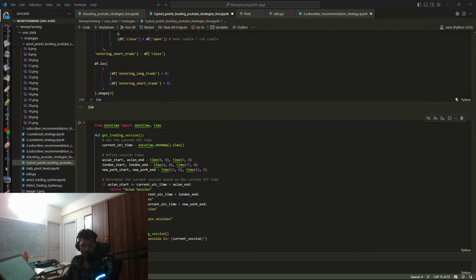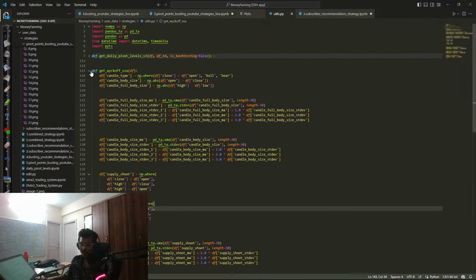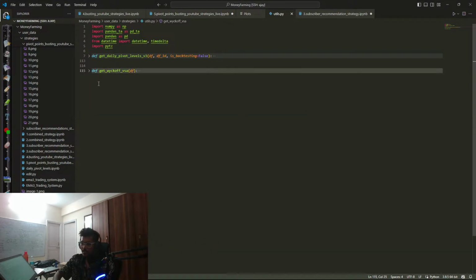All right guys, so here's the code for the trading session that I wrote. I'm gonna put it in utils, and you guys can refer to it later on.